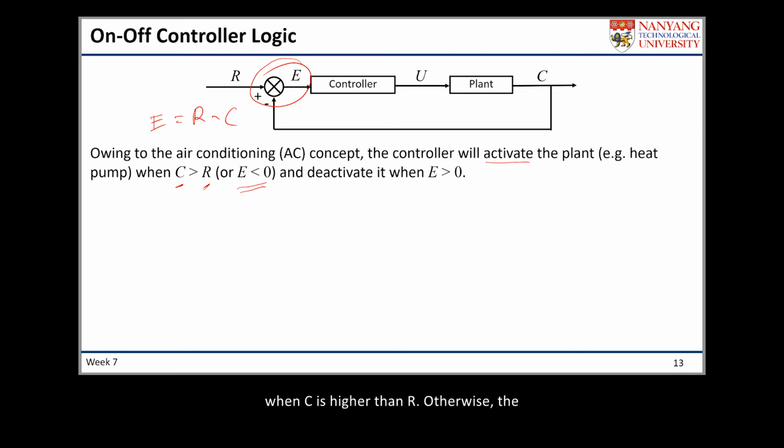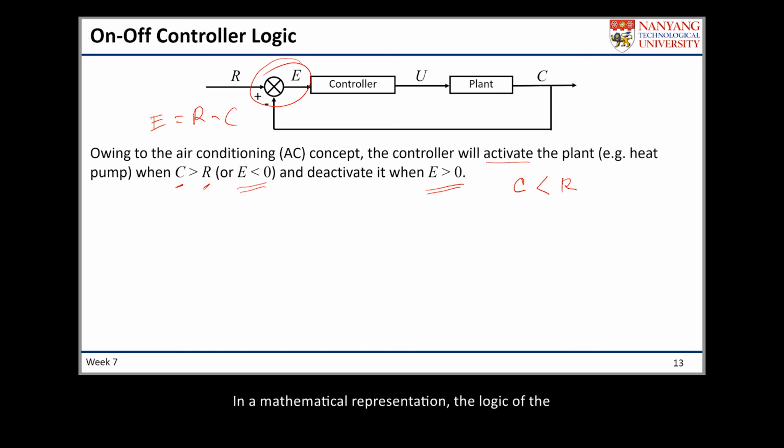Otherwise, the controller will deactivate the heat pump when E is positive, or when the room temperature is less than the setting temperature. Your room temperature is colder than the setting temperature, and then the controller will shut down the heat pump.